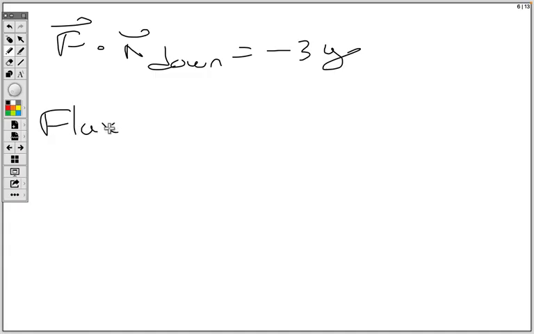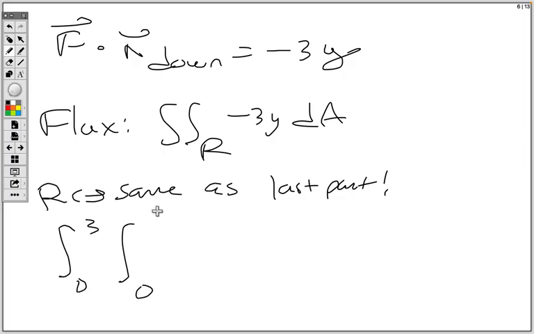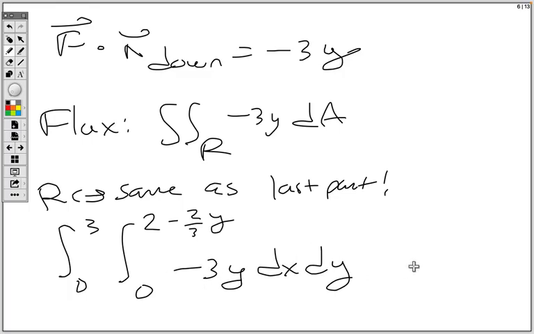And so the flux is going to be the double integral over R of minus 3y dA. And R is the same as the last part, because it's the projection of Q into the xy plane. So we can use the same setup we had before. We had y running from 0 to 3, x running from 0 to 2 minus 2/3 y. We've got a slightly different integrand, dx dy. And now we'll go off and integrate that.